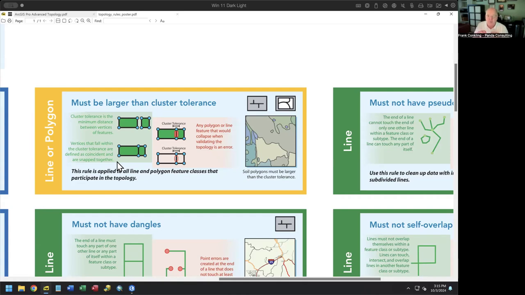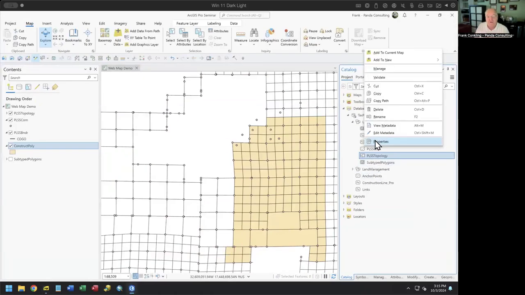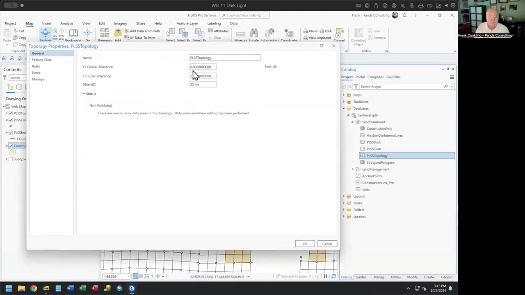If you have 2 points along a line or on the boundary of a polygon that are very, very, very close together to one another within that cluster tolerance, and if you recall, our cluster tolerance on here was 0.002.